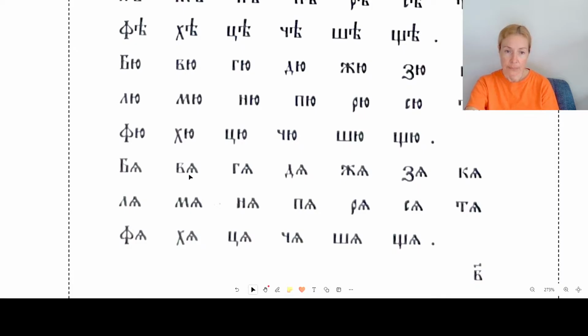Бя, вя, гя, дя, жа, зя, кя, ля, мя, ня, пя, ря, ся, тя, фя, хя, тя, ча, ша, ша.